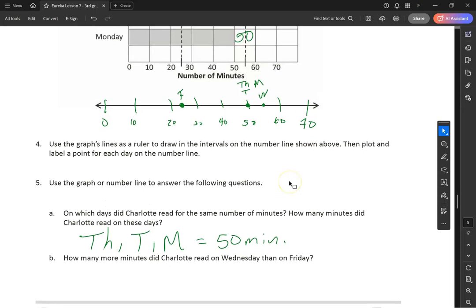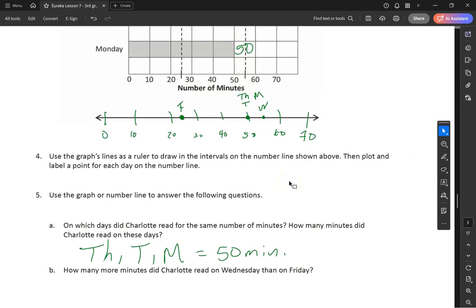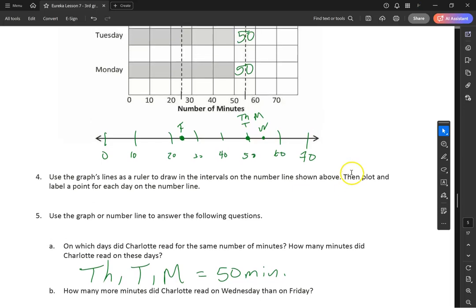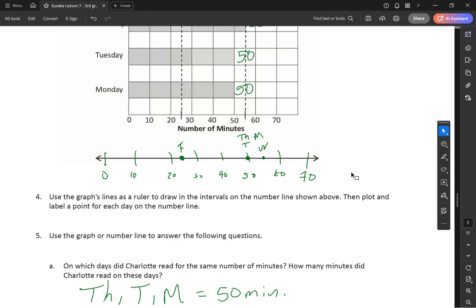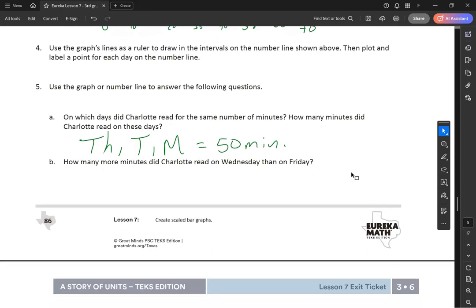Okay. How many more minutes did Charlotte read on Wednesday than on Friday? Wednesday 55, Friday 25. I want to know how many more. Subtract.